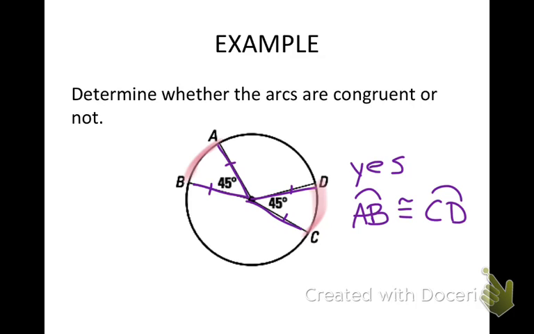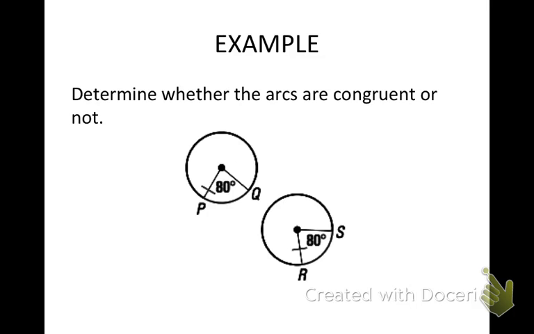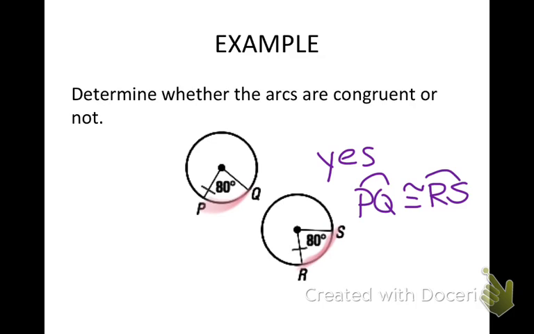Okay. Look at the middle one. Do you have congruent circles? Are your radii congruent? Yes. Are your central angles congruent? Yes. So the two arcs created are going to be congruent. So I would say yes. Arc PQ is congruent to arc RS.